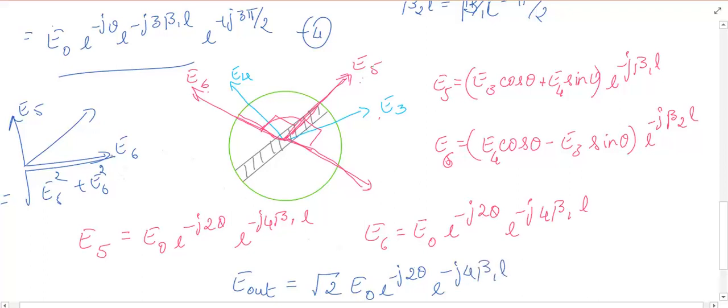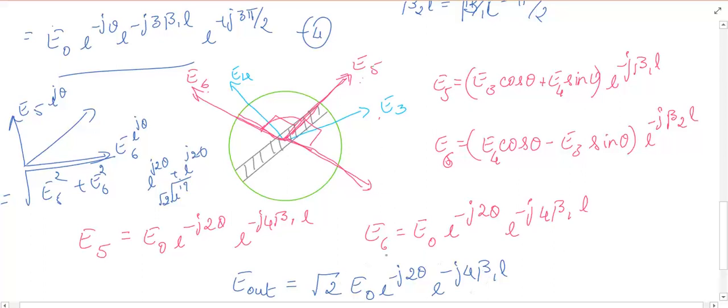Fine. You just imagine if this is e to the power j theta and if this is e to the power j theta, and if you add the squares, e to the power j 2 theta plus e to the power j 2 theta, addition of this is 2 times e to the power j 2 theta, square root of this is root 2 and root of this, right? Root of this is e to the power j theta. That is what I have written. The terms are same.